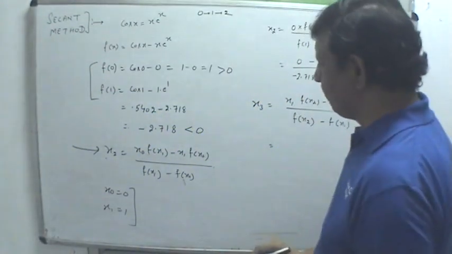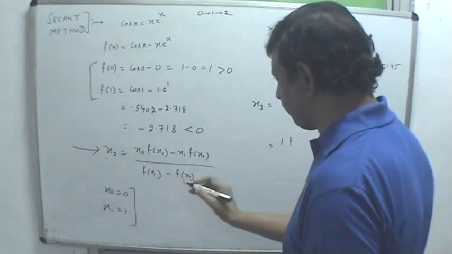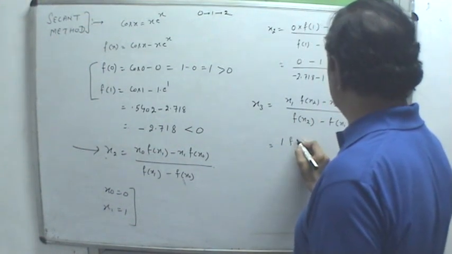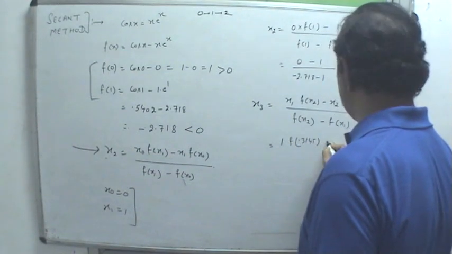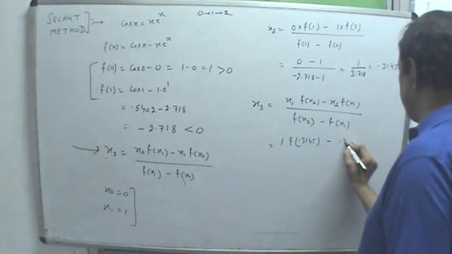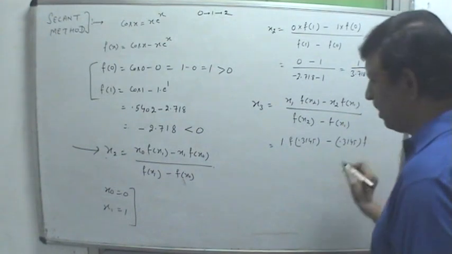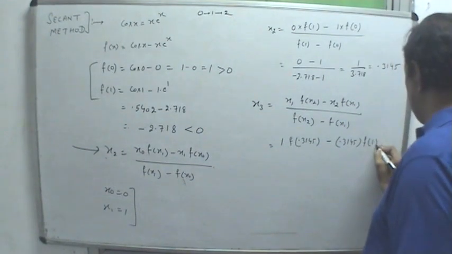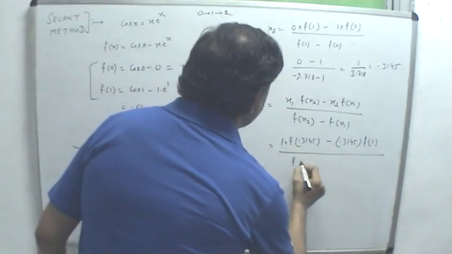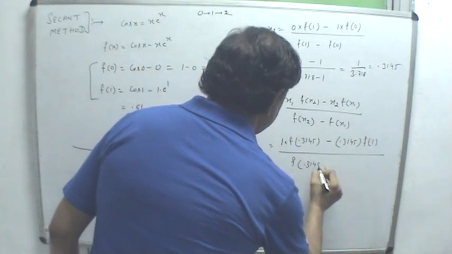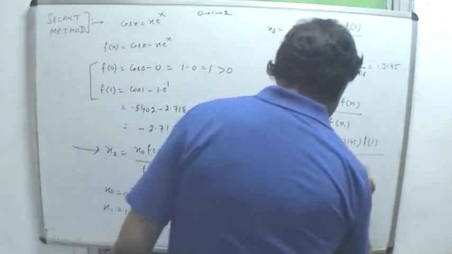Now here x3 is equal to x1 into f of x2, that is f of 0.3145, minus 0.3145 into f of x1, where f of x1 means f of 1, divided by f of x2, f of 0.3145, minus f of 1.